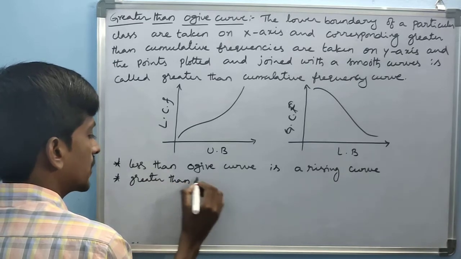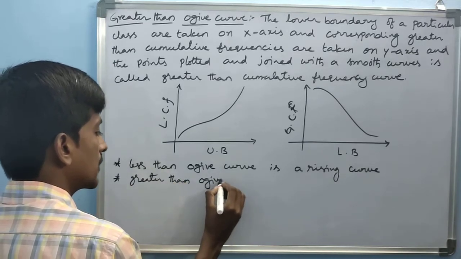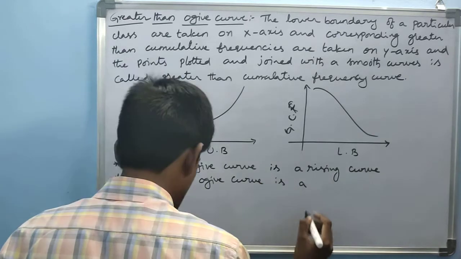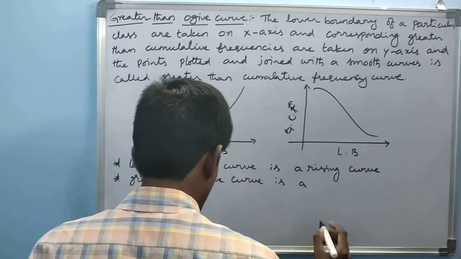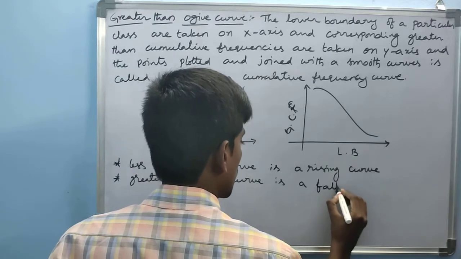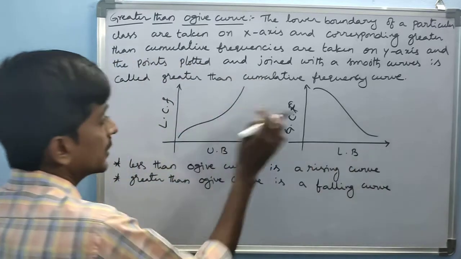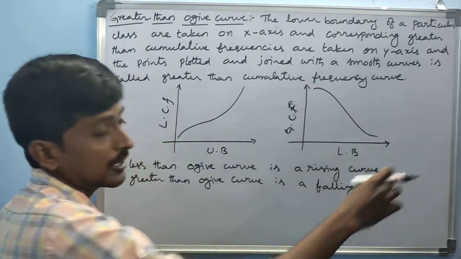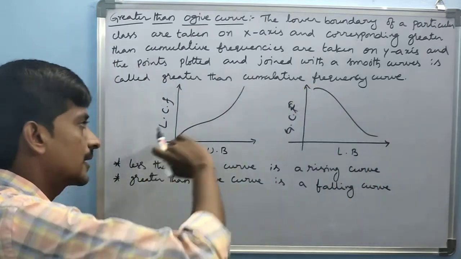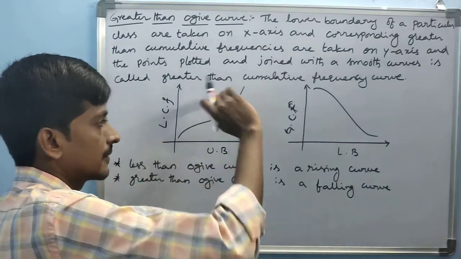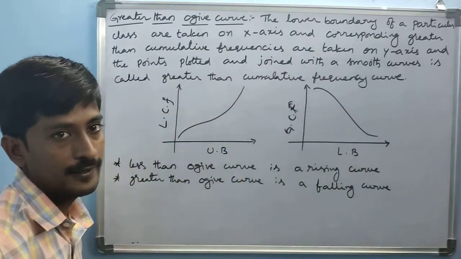The greater than or more than type ogive is a falling curve; from 0 onwards it is falling down. Less than is rising, greater than is falling.